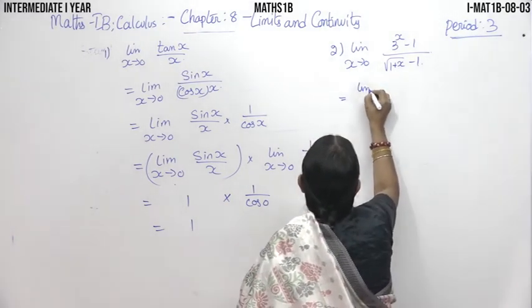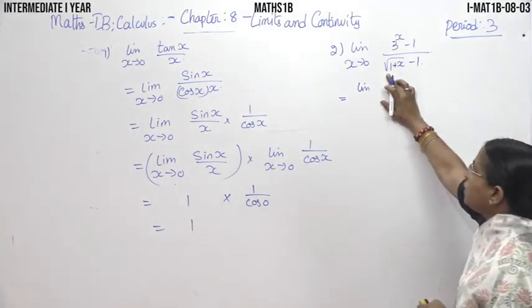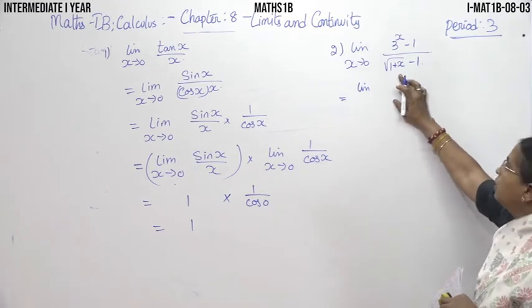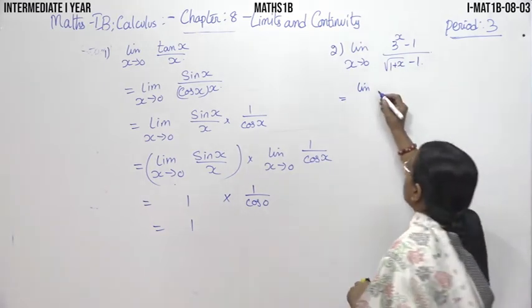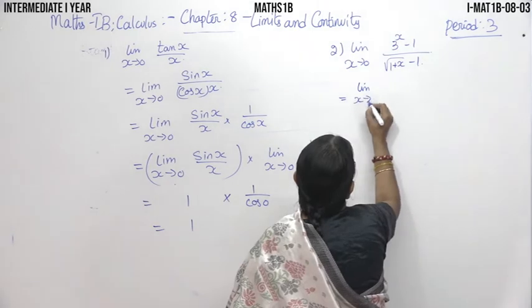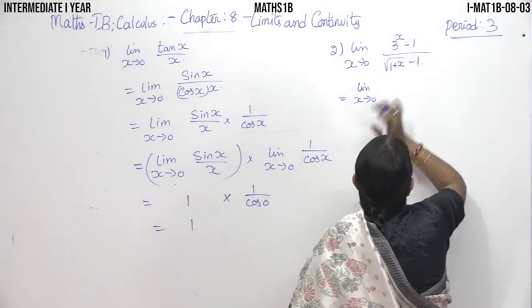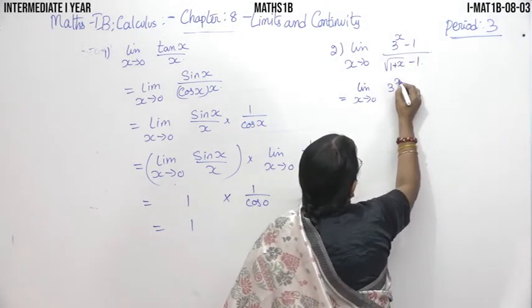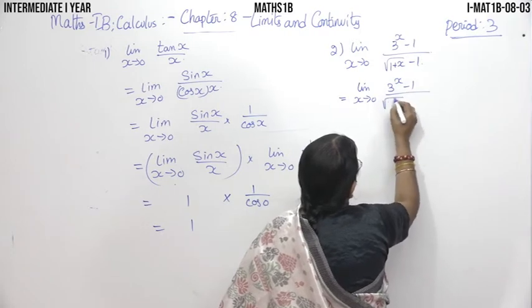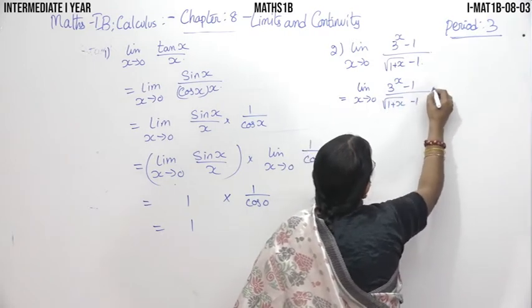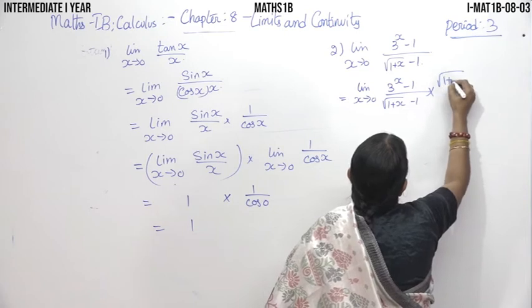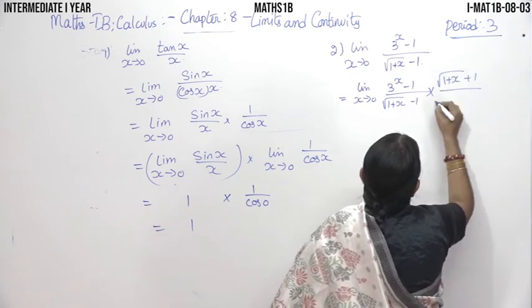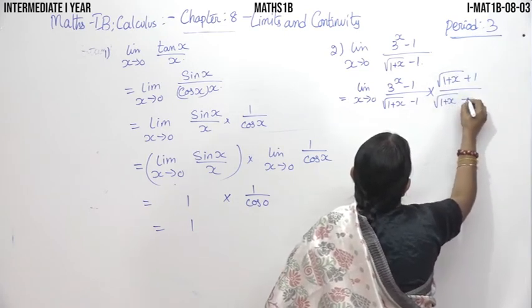How to simplify? Because you have irrational root here, you rationalize. You cannot directly get a power x minus 1 by x form. So what you do? Rationalize by root of 1 plus x minus 1 into root 1 plus x plus 1 by root 1 plus x plus 1.